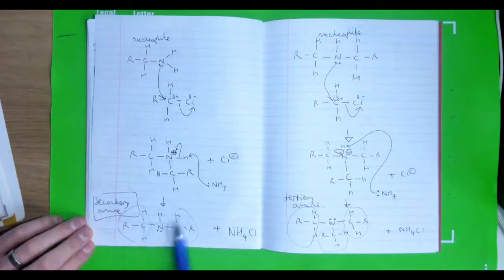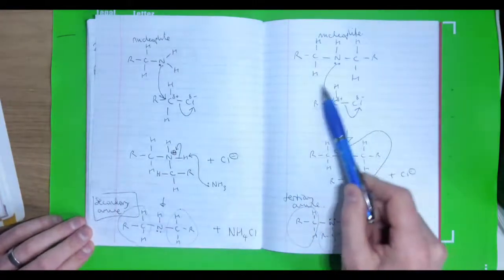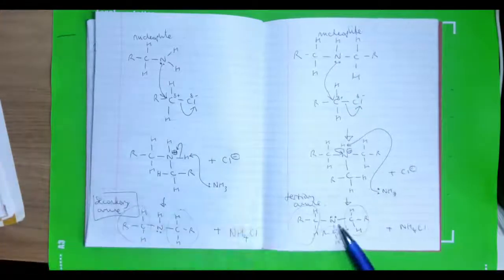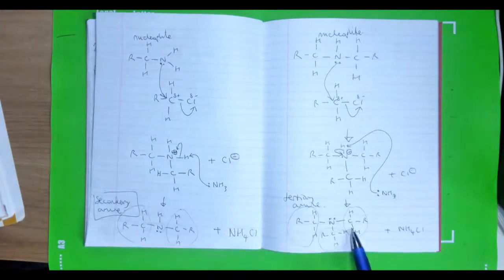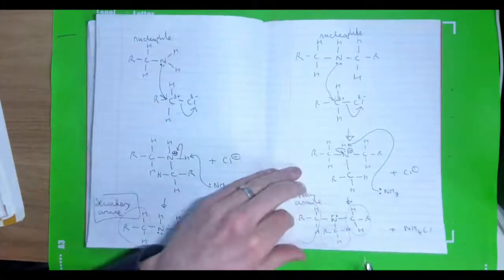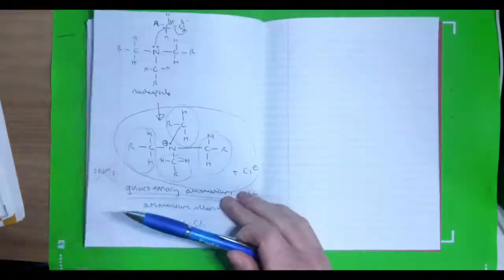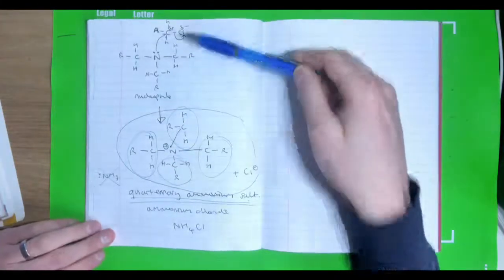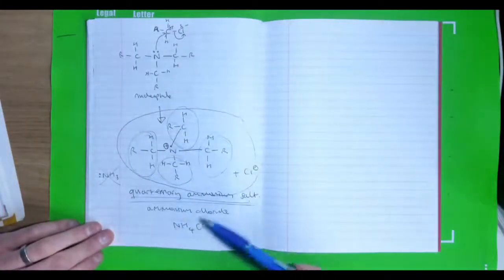Then that secondary amine can react with even more haloalkane to produce a tertiary amine, where the secondary amine acts as a nucleophile. Then this tertiary amine can act as a nucleophile, and it can produce a quaternary ammonium salt, where it reacts with even more haloalkane. And at that point, the reaction will stop.